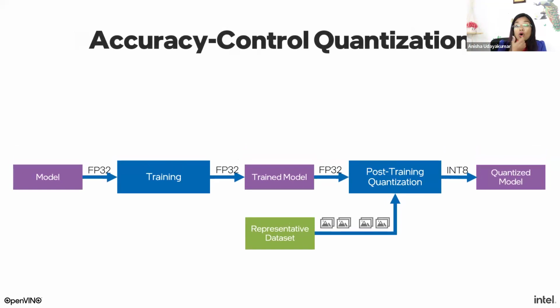We also have accuracy control quantization, which involves fine-tuning 8-bit quantization while monitoring the accuracy of the model. It requires both calibration and validation datasets. With the validation set, we ensure that the model accuracy is not compromised during quantization.